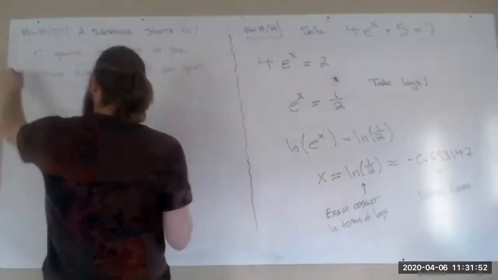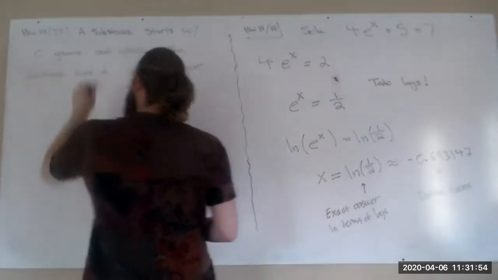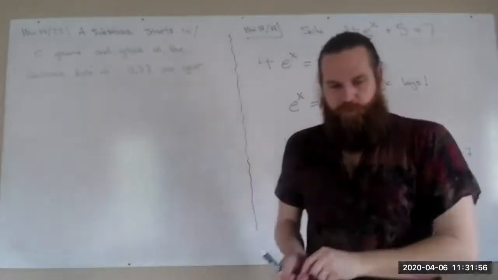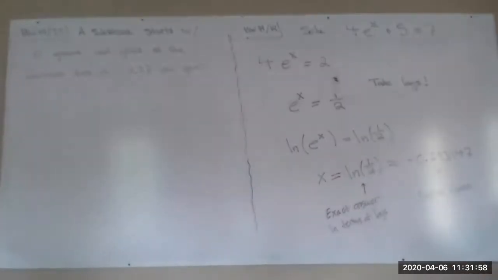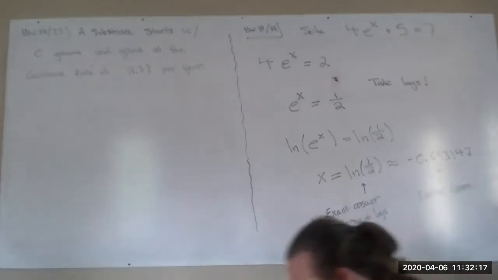I really don't like these problems where you talk about a continuous growth rate because they feel a little bit contrived to me. But remember that when you see continuous rate, it's the same thing as continuously compounded interest. So we're going to use that PERT formula. They ask us to find a model of the amount A of the substance left after X years.